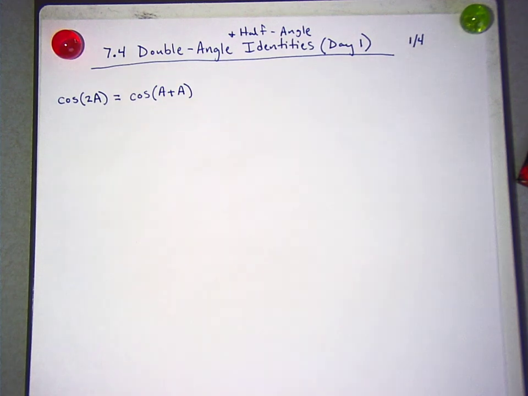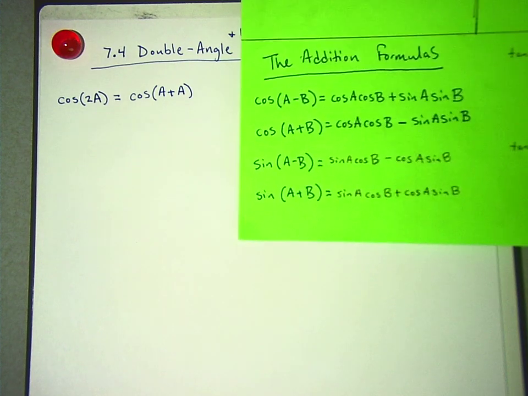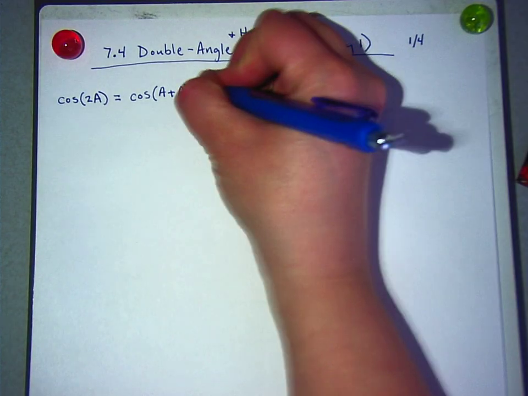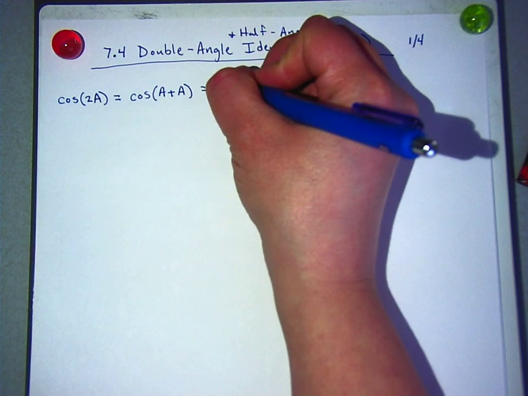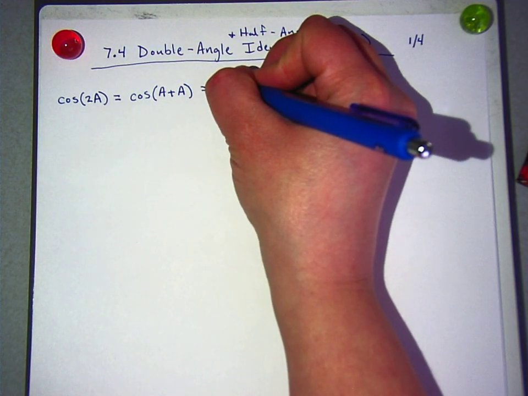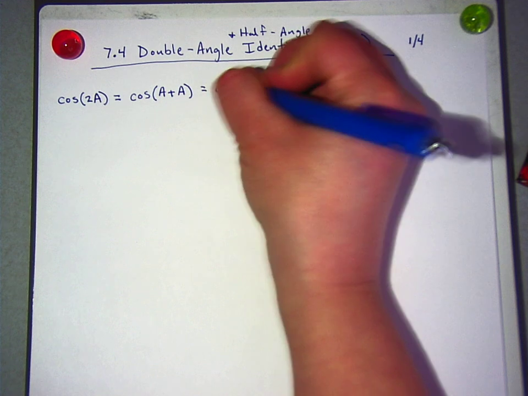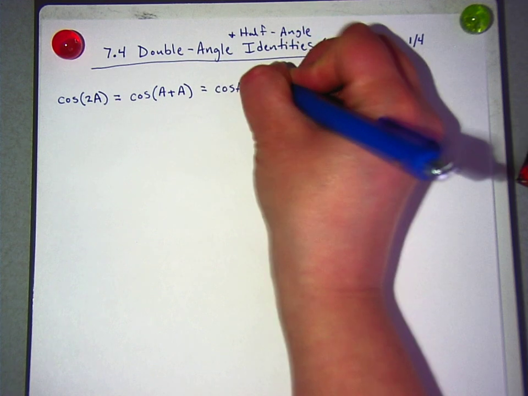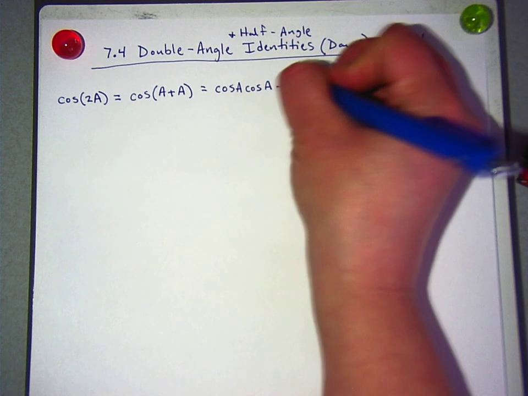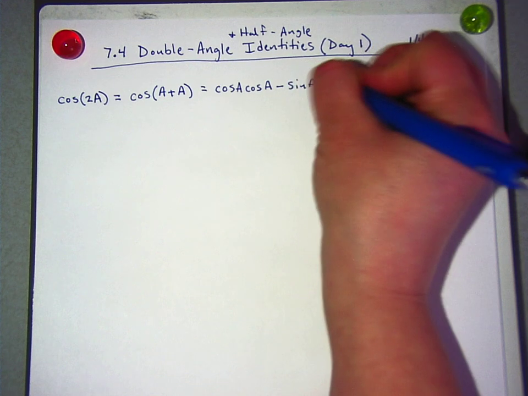And we know an addition formula for this, so flip to the back of your unit circle. And you're going to fill in cosine of a plus b, only instead I'm going to write cosine of a plus a is the cosine of a times the cosine of a minus the sine of a sine of a.